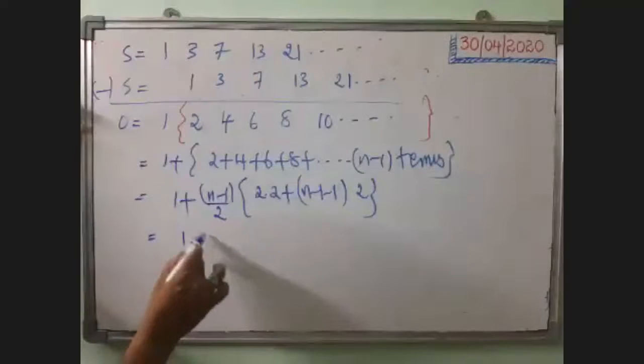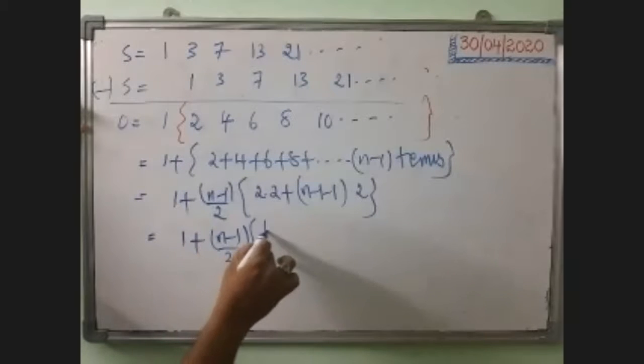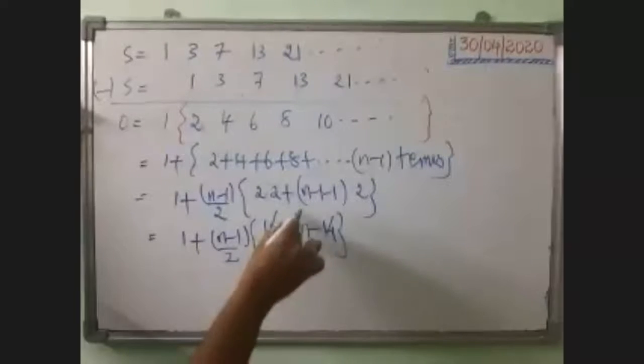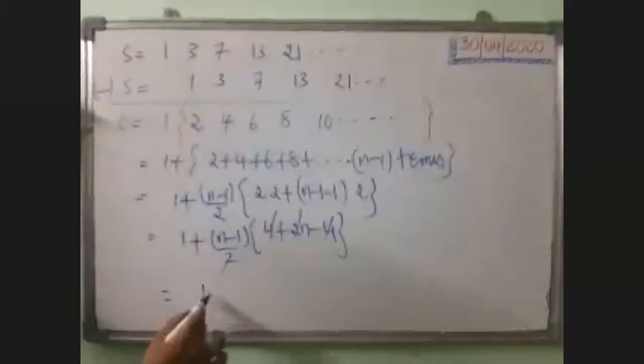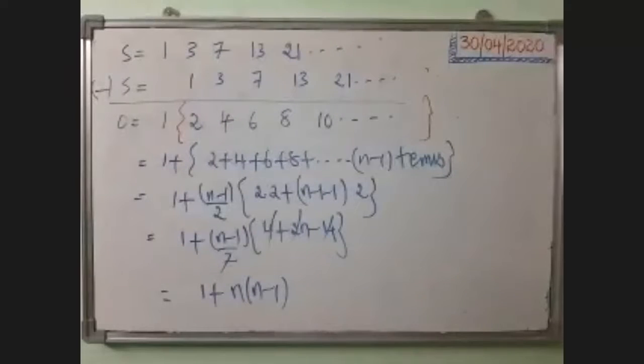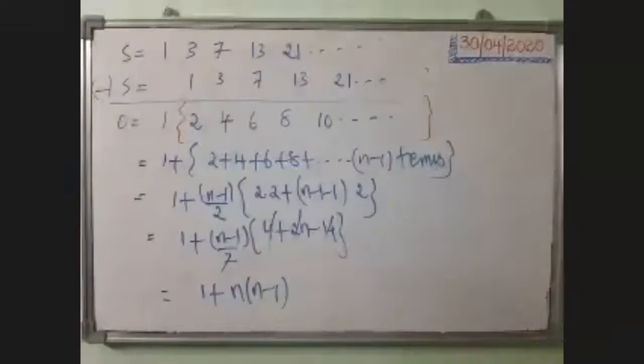This becomes 1 plus n minus 1 by 2 into 4 plus 2n minus 4. The 4 gets cancelled, the 2 gets cancelled. So you are getting 1 plus n into n minus 1. This is the nth term of the first terms of the given triangle.